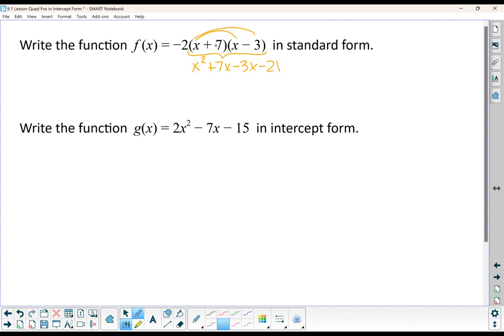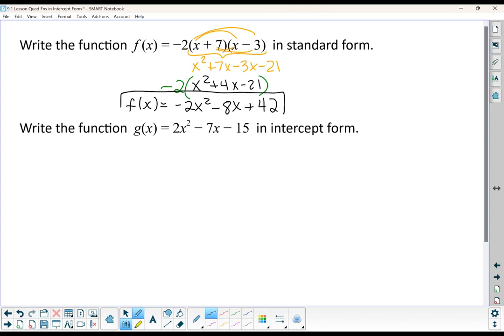If I multiply those together, I get x squared plus 4x minus 21, but that is also multiplied by a negative 2, so I need to distribute that negative 2 as well. So standard form of my function is negative 2x squared minus 8x plus 42.